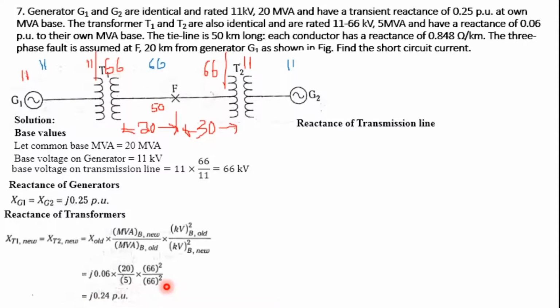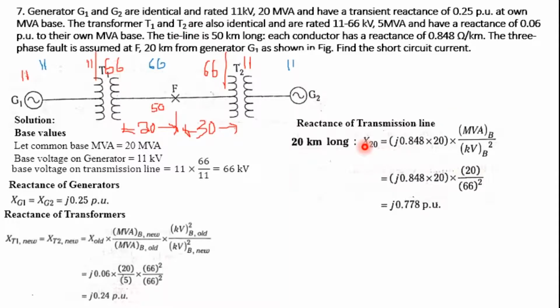Then for the transmission line, the total length of 50 kilometers has to be converted to the required values of 20 and 30 kilometers. For 20 kilometers, the formula is X per unit equals X in ohms times MVA base divided by kV base squared.